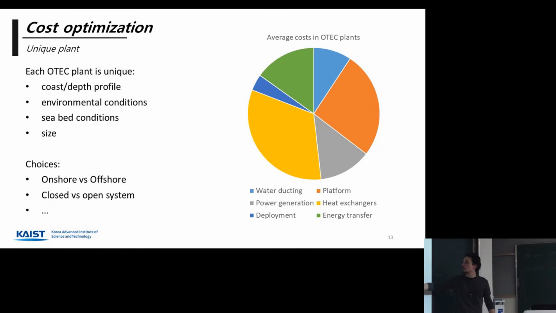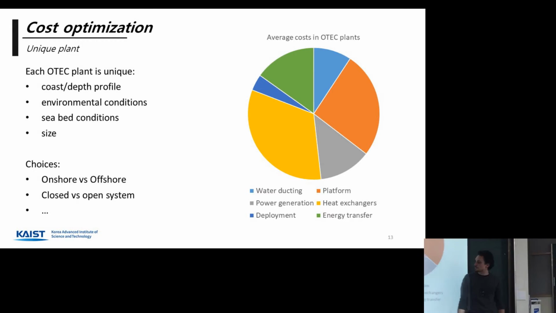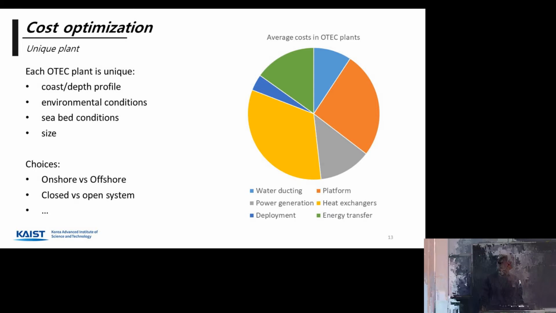So this blue part will increase. And you can see here that the biggest cost of OTEC is the heat exchangers. And this is because the temperature difference is pretty small, so we need really huge heat exchangers.